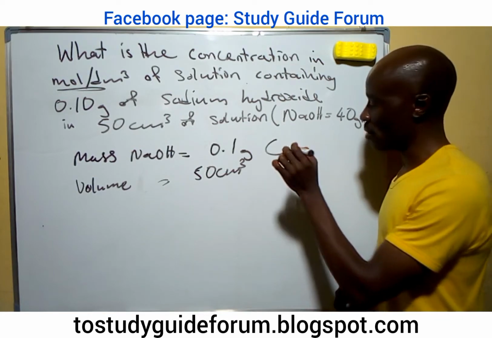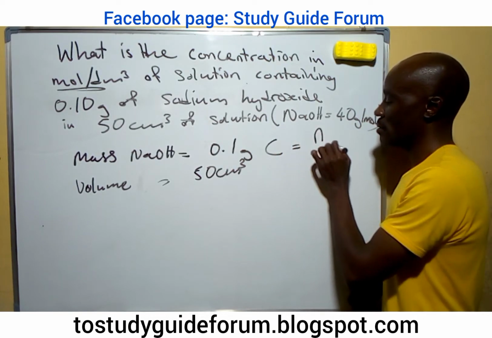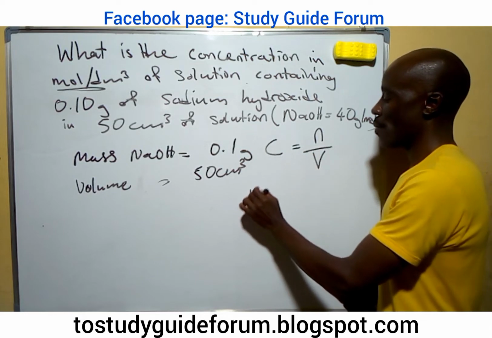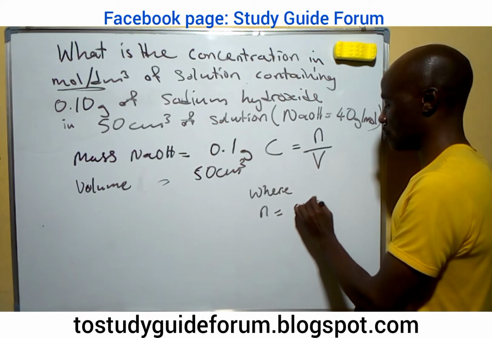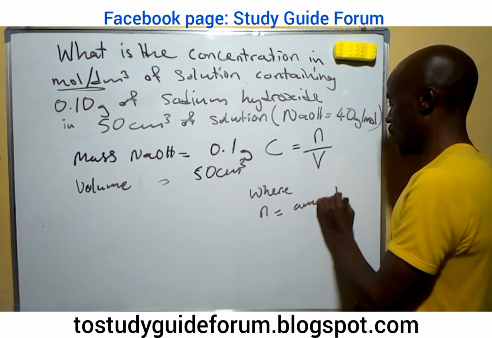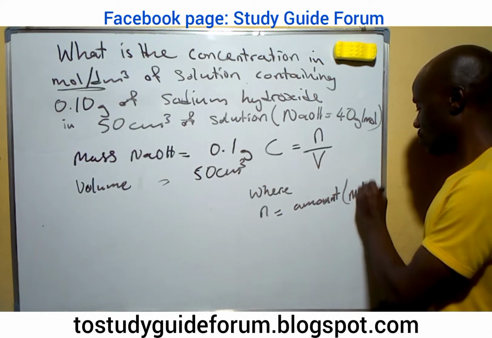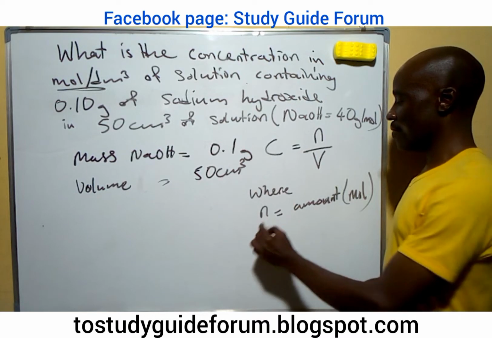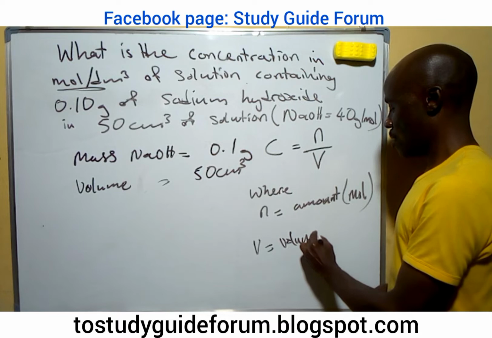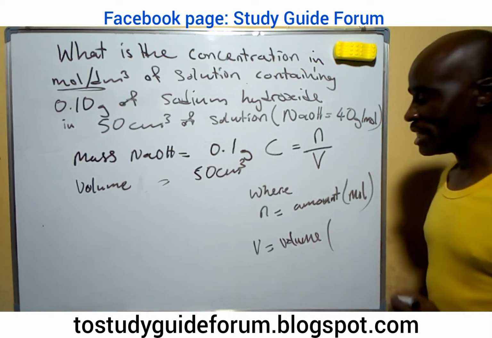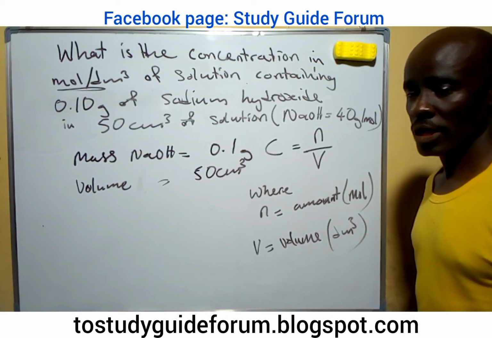Concentration or molar concentration is equal to N over V, where N is the amount, which is always in moles, and then V is the volume, which is always in dm cube, or in some cases liter.